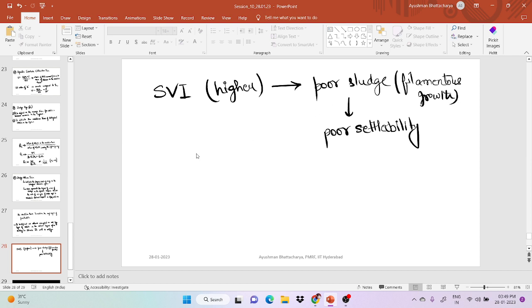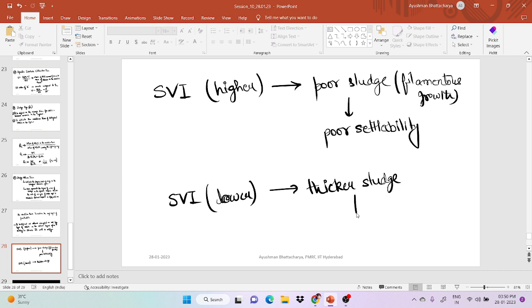If SVI is lower, it means thicker sludge and good settleability.